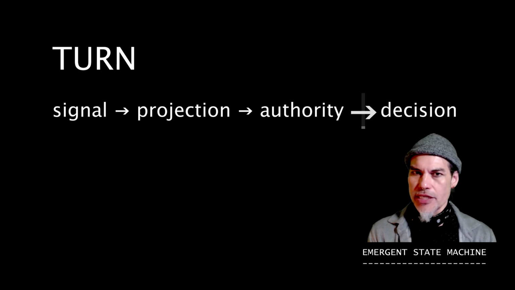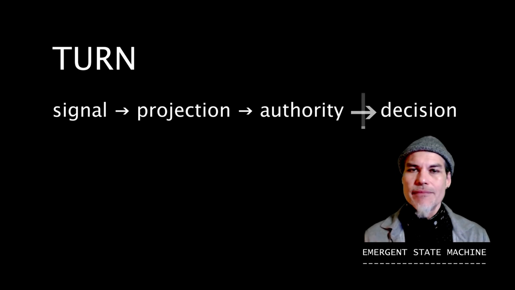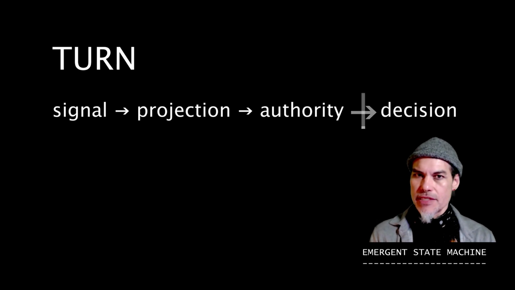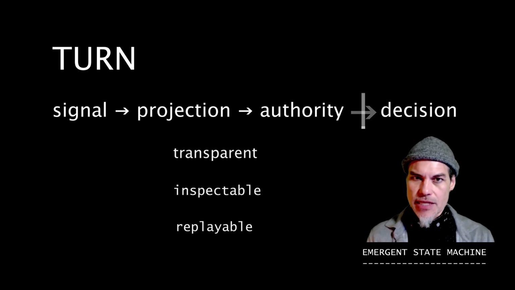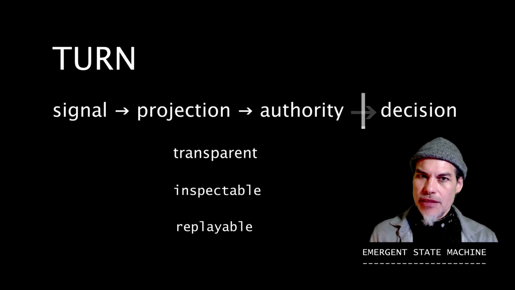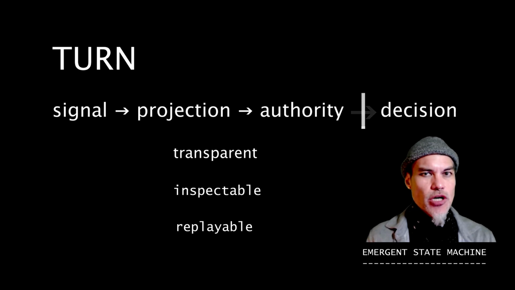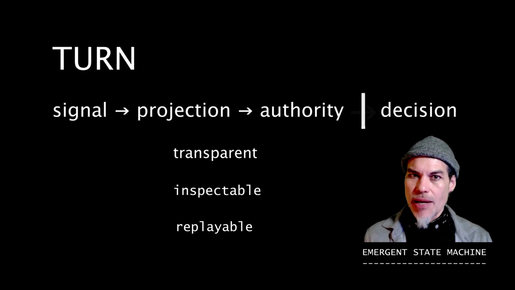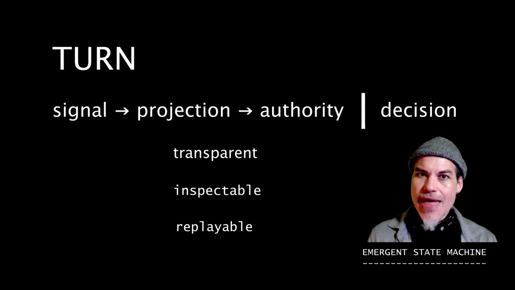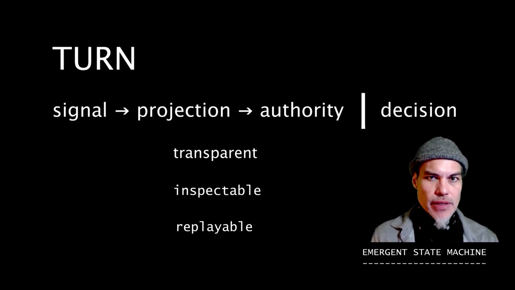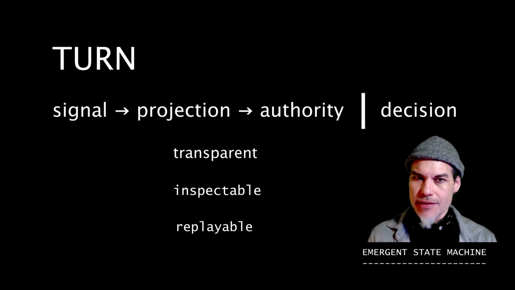Ultimately, the architecture comes down to a simple idea. Every meaningful decision happens inside a turn. Signals are observed, interpreted, authorized by policy, and then cross a boundary before mutating system state.